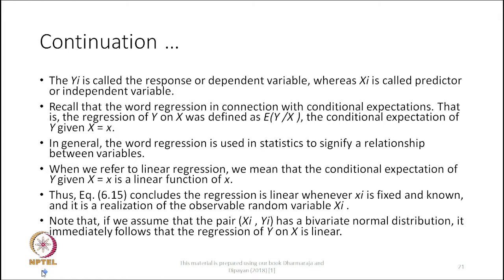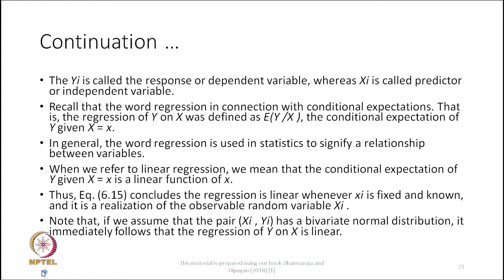This conditional expectation of one random variable given another random variable, we have discussed in the probability part. So, we are connecting what we have learned: the conditional expectation of y given x takes the value small x, that is called the regression of y on x.